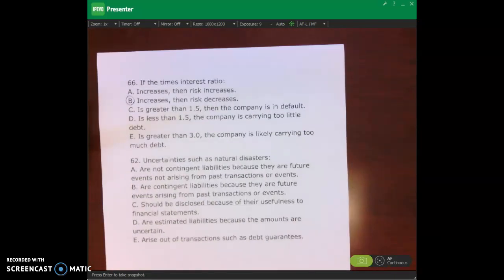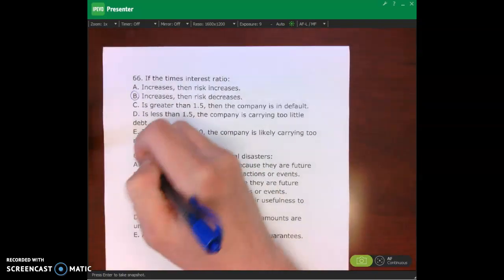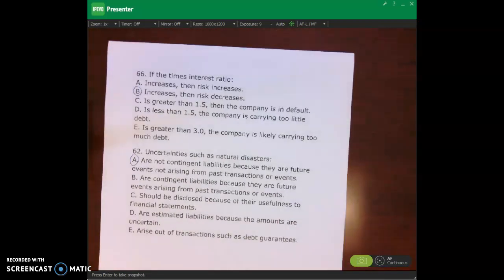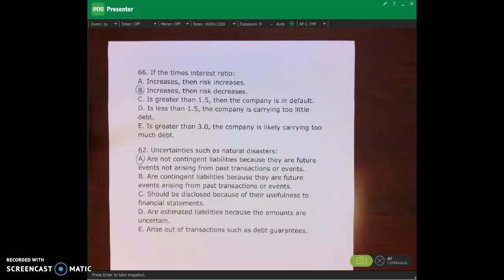Then I'm going to do number 62 for you here because I think it's a little bit confusing. It says uncertainties such as natural disasters. The right answer is A. They're not contingent liabilities because they haven't occurred yet. That's all this is saying. I think this one's a little bit confusing, but they're not contingent liabilities until the situation has occurred.